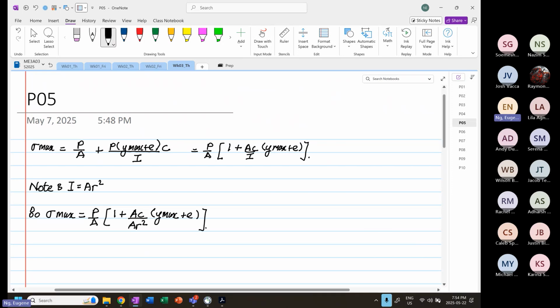So we can get rid of our A's. We have this expression where we have P over A, 1 plus C over R squared.